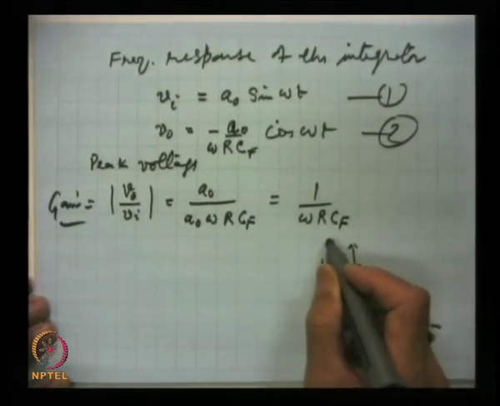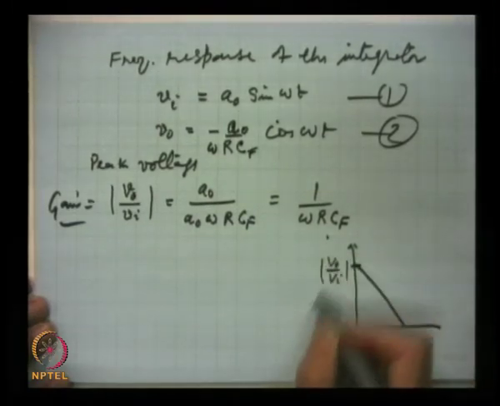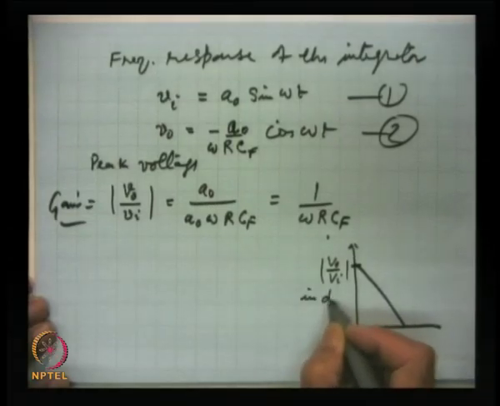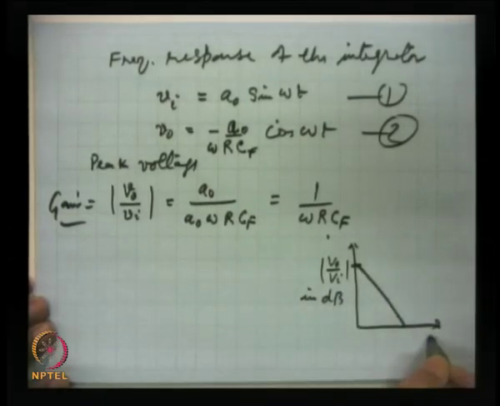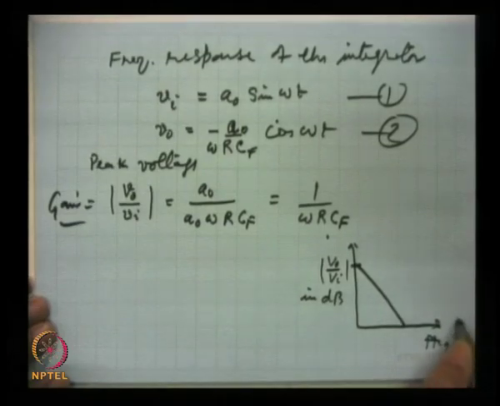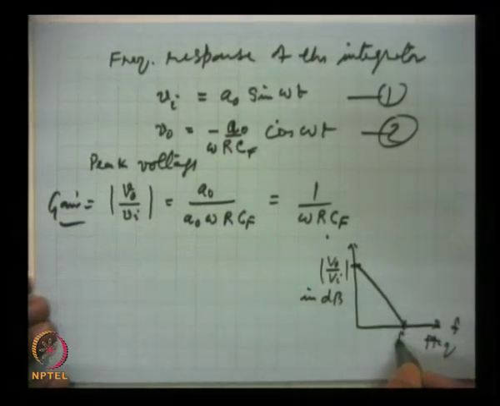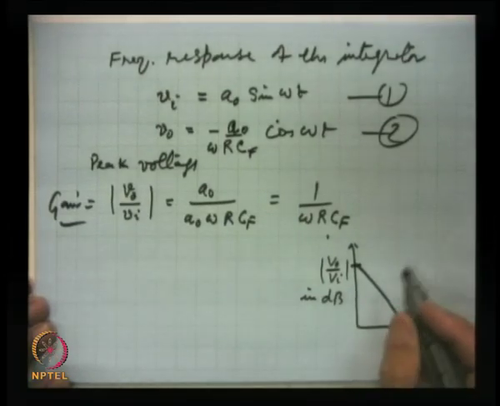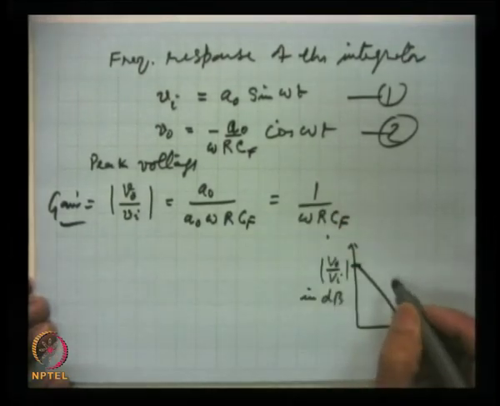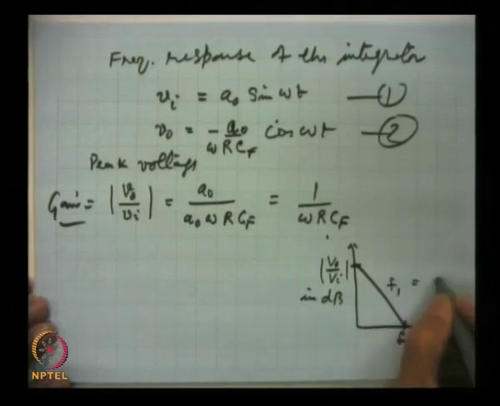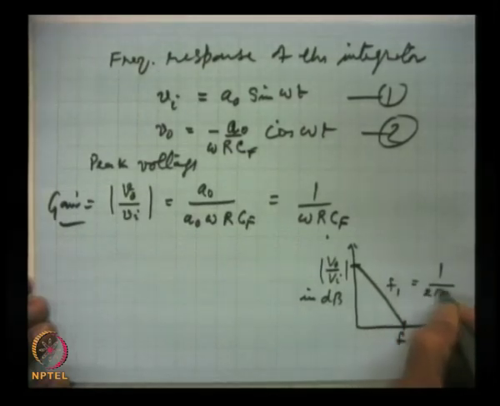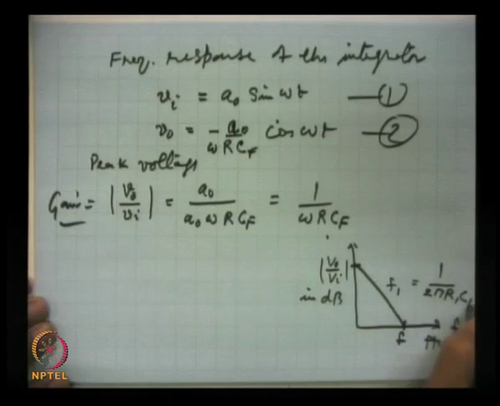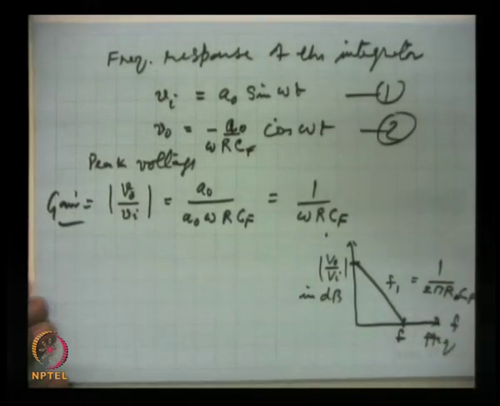This is gain in dB, and this is frequency F, and this is F1, and we will see what it is. F1 comes out to be 1 by 2 pi R CF.